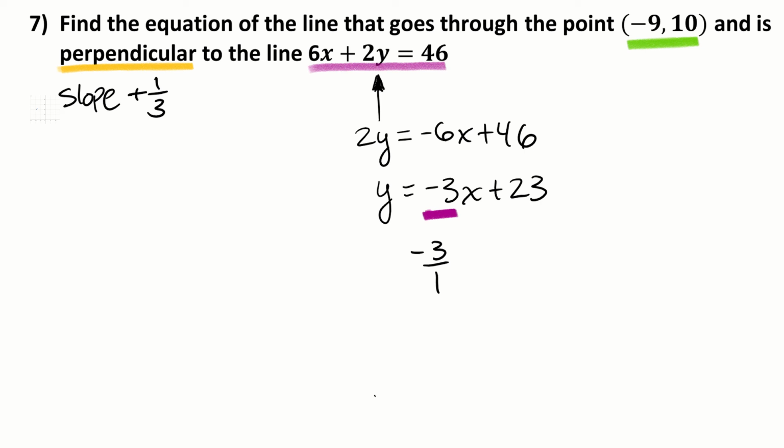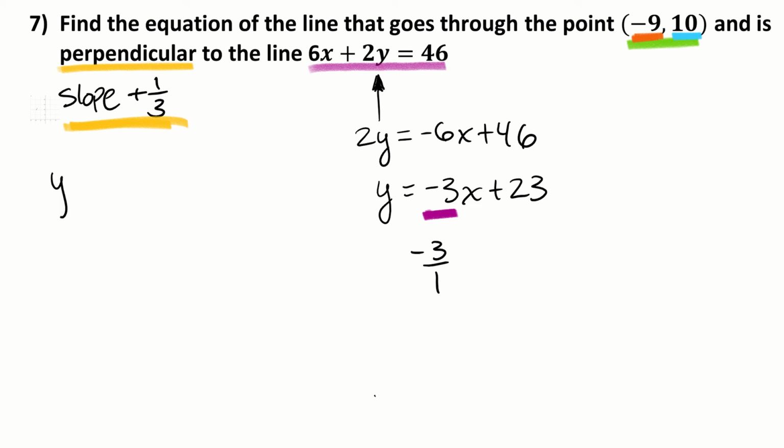It was 3 over 1, it became 1 over 3. So at this point, I know a slope and I know an xy value. In fact, let me highlight these. I've got an x value of negative 9 and I've got a y value of 10. And the slope that I'm going to be using is 1/3.